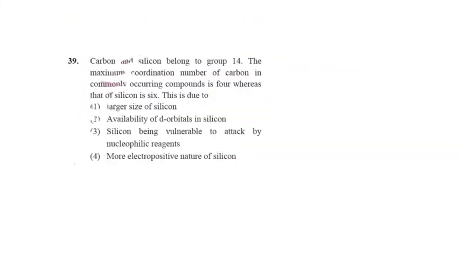The next question is from group 14 elements regarding carbon and silicon. Carbon and silicon belong to group 14. The maximum coordination number of carbon is 4, whereas for silicon it is 6. It's a simple question. If we consider carbon, it has the configuration 2s2 2p2, where there is no 2d subshell in order to expand its covalency.